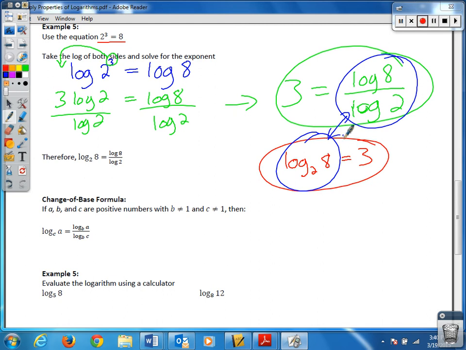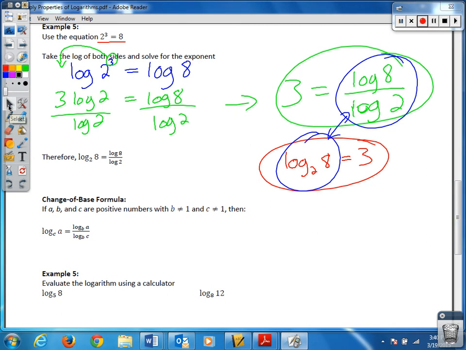And this is what we're going to use to plug logs into our calculators, because most calculators only have the common log and the natural log. So if you have something like the log base 2 of 8, you're going to type in the log of 8 and then divide it by the log of 2. This is called the change of base formula. You can see the formalized version right there.